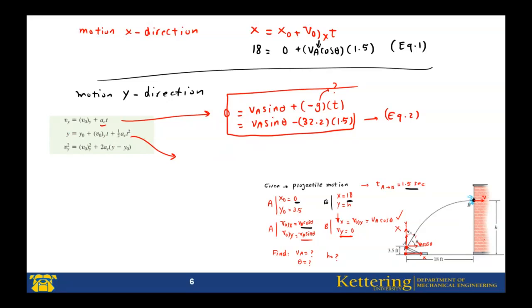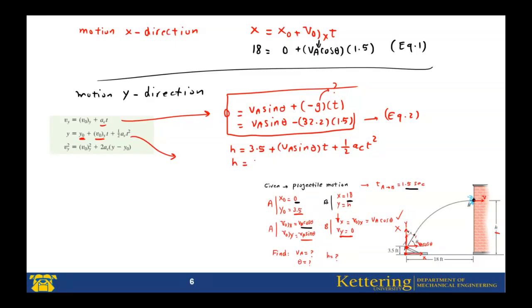The y height at this point is h. y0 is 3.5 plus v0y, which is Va sine theta, multiplied by time, plus 1/2 a_c t squared.